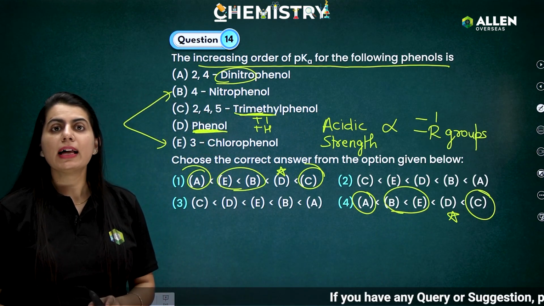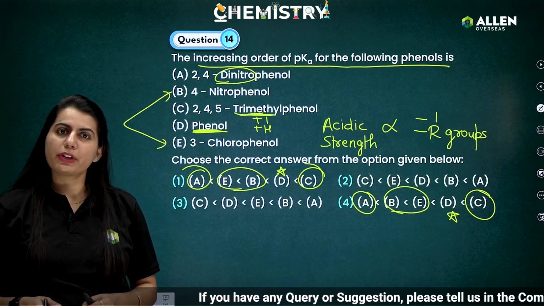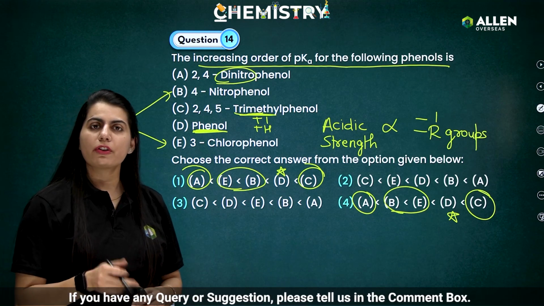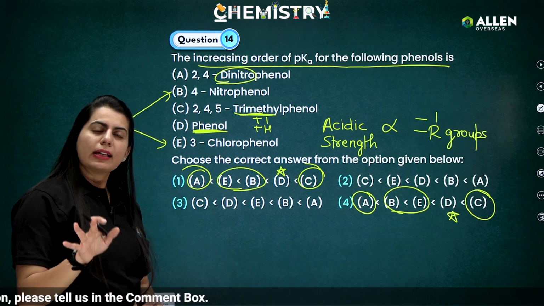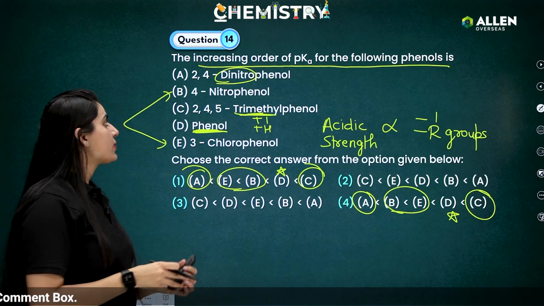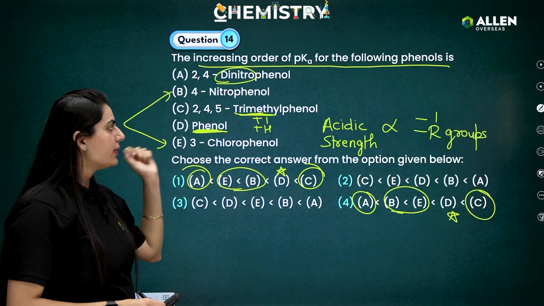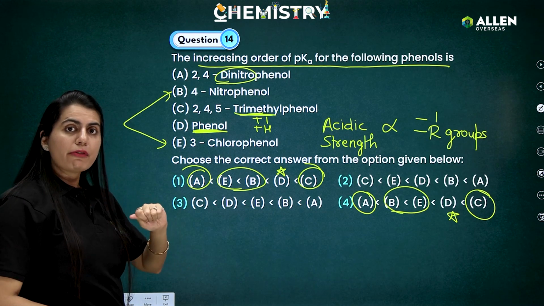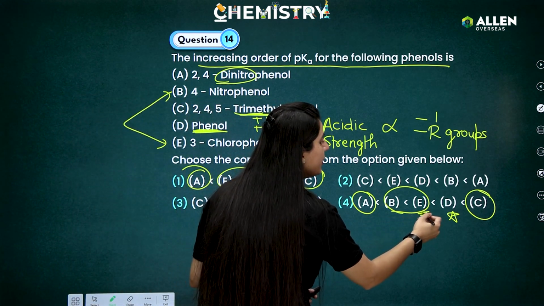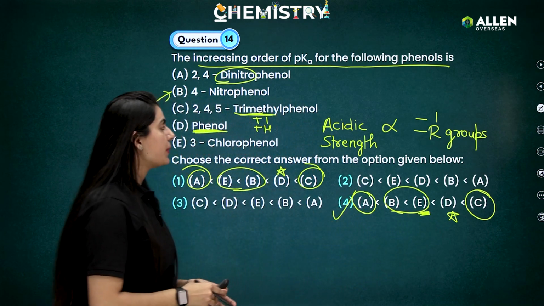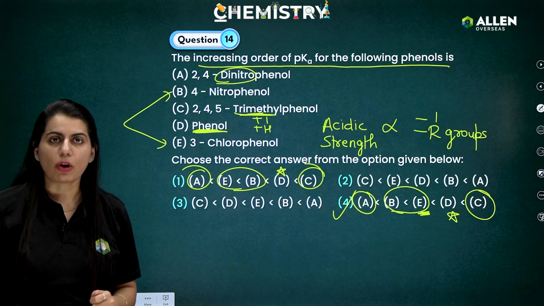But we'll keep in mind that nitro is more of an electron withdrawing group, both in terms of its power of -I and -M. So the acidic strength will be higher for 4-nitrophenol rather than 3-chlorophenol. Therefore the pK value will be higher for the E part. So E will be coming later, and that's why your answer for this particular question will be D option.